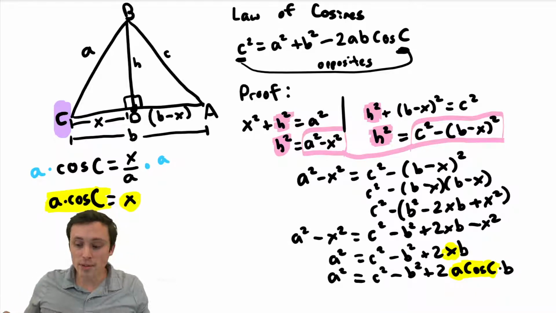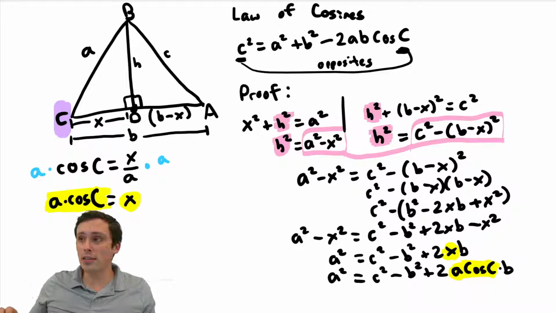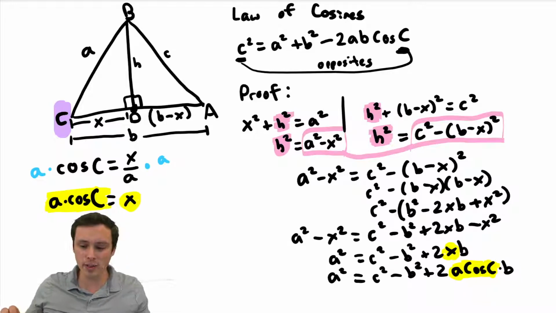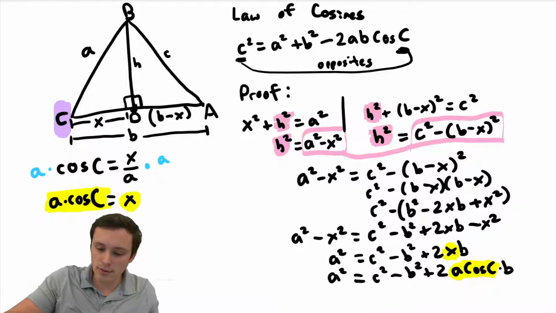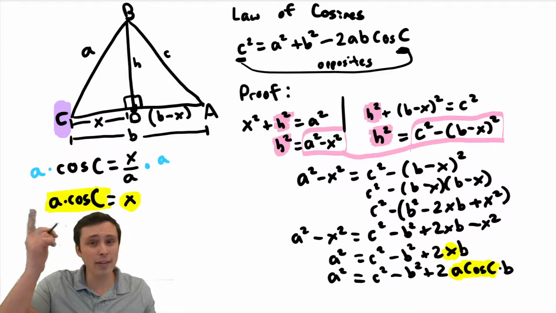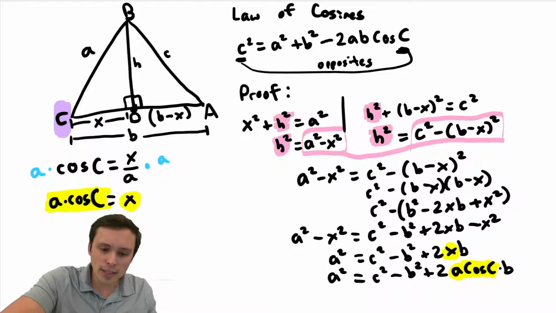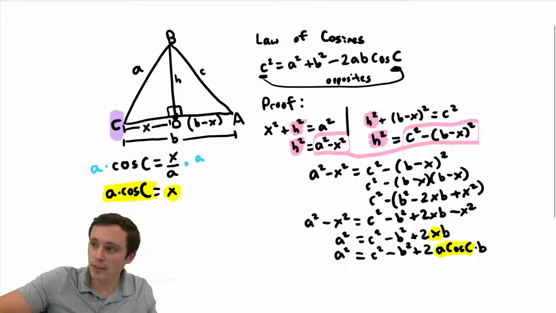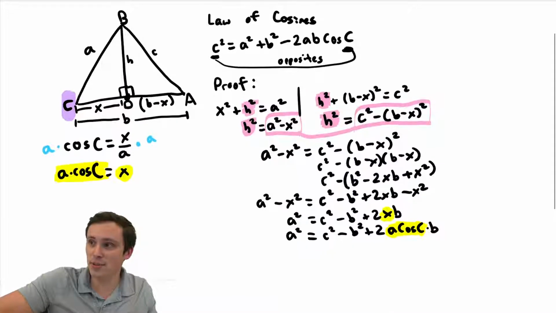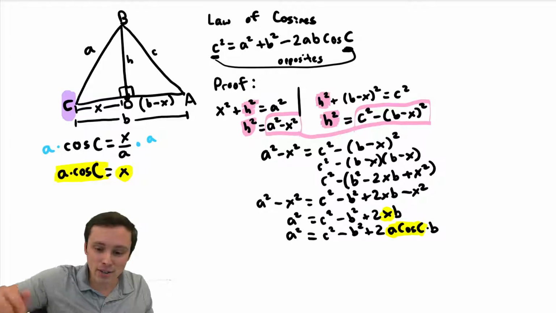All right, we're almost done, guys. Doesn't this look almost like our law of cosines formula? We just need to rearrange things. We want to get that c squared by itself, right? How could we do that? Well, let me zoom out and scroll up a little bit so we got some more space. Okay, so how could we do that?